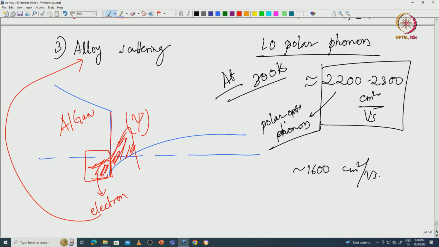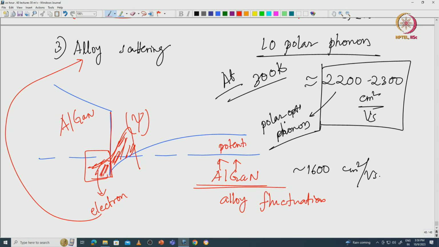What it means is that the alloy is a ternary compound, aluminum gallium nitride. There will be alloy fluctuations, okay. What it means is that there is aluminum and there is gallium, two different species of group 3 atoms that will occupy these group 3 sites. There can be a non-uniform arrangement, a fluctuation of the alloy that can happen at the atomic scale, because of which there is a potential.